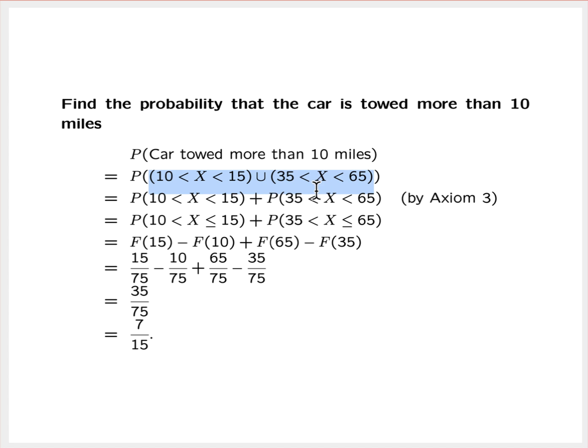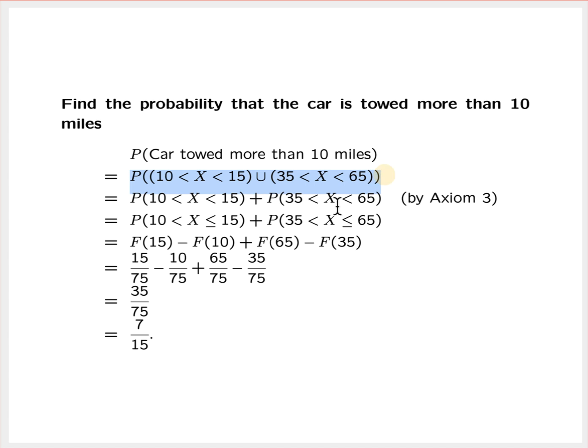The second is that it breaks down somewhere between 35 and 65 miles from city A. So the car will be towed more than 10 miles if and only if the breakdown point is between 10 and 15 miles from city A, or between 35 and 65 miles from city A.